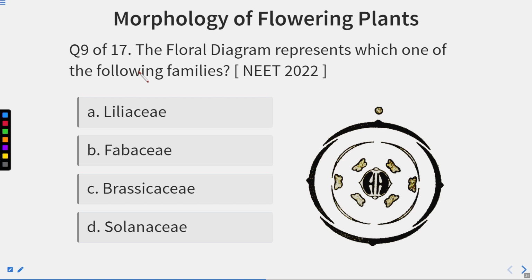Now coming to the next question. Here a floral diagram is given to you, and you have to say which family this floral diagram represents. The options are Liliaceae, Fabaceae, Brassicaceae and Solanaceae. Here you can see the unique feature, the placentation.